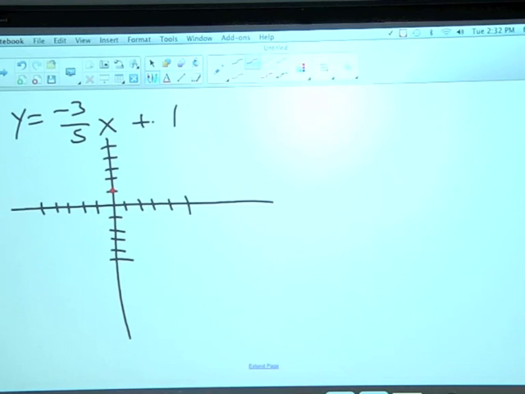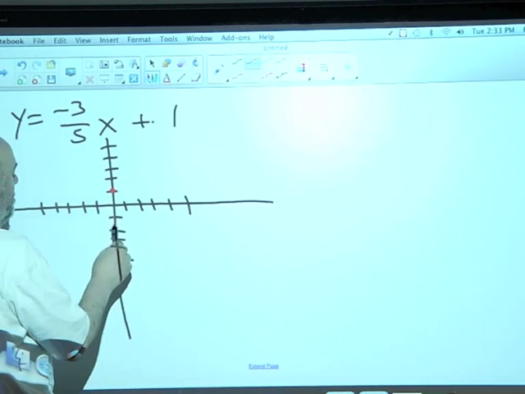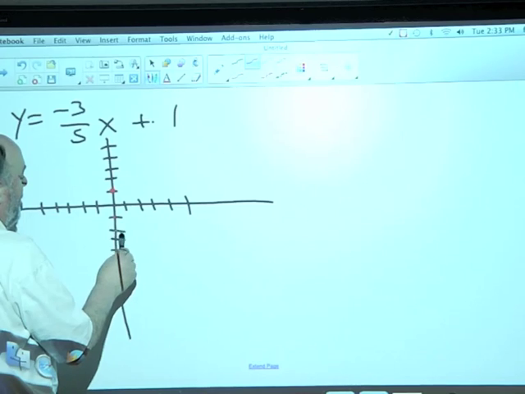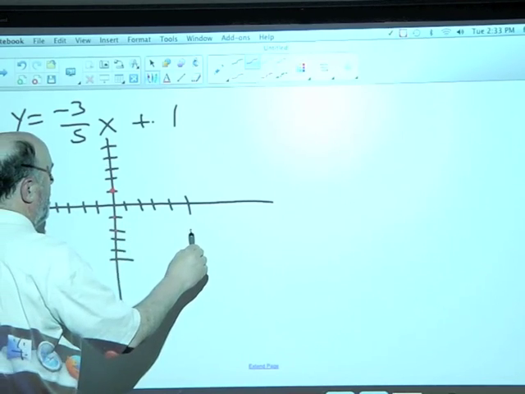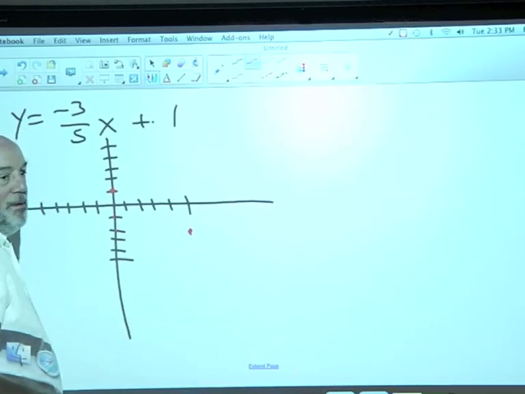So now my slope is negative 3/5. That means go down 3 over 5. So down 3, 1, 2, 3, over 5: 1, 2, 3, 4, 5 is going to put me there.